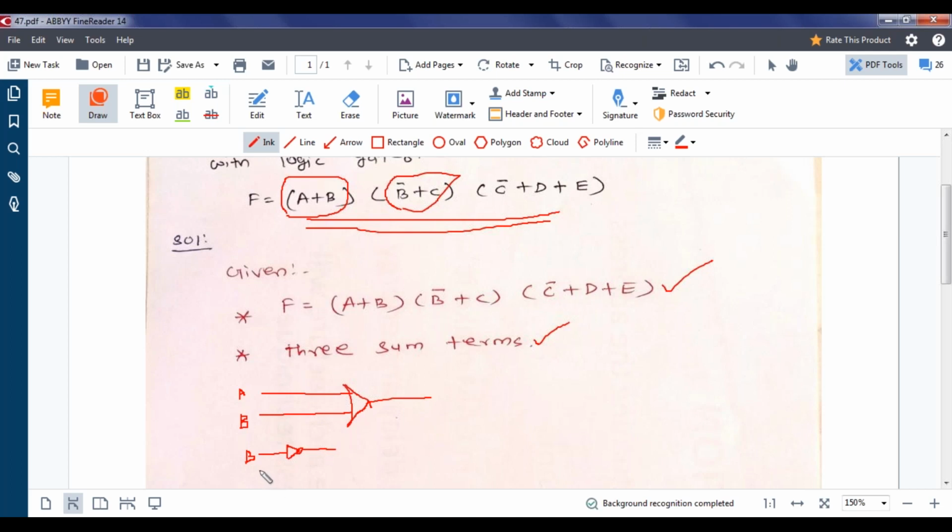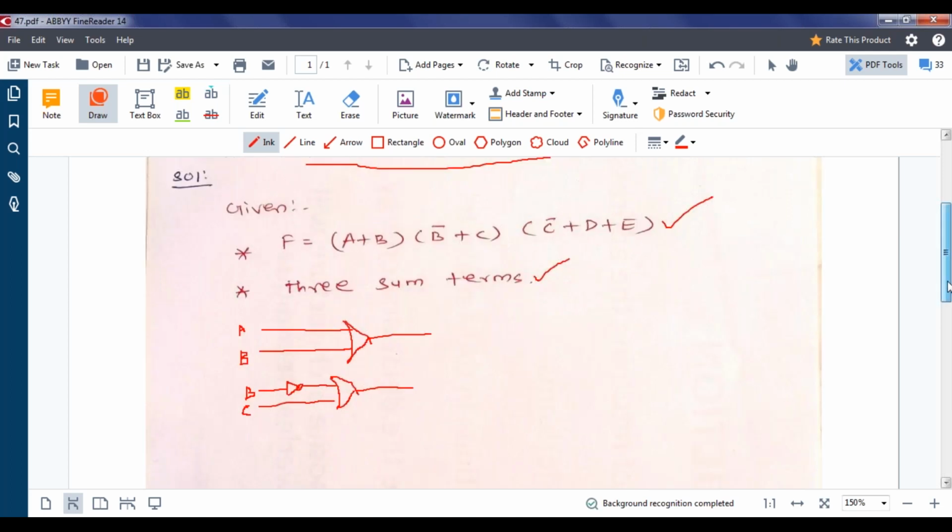Parallelly we want to take a line from C, because this is B bar plus C. So you want to take the C value, then give it to the OR gate, because this is B bar plus C. Since there is a plus, you want to give it to the OR gate.